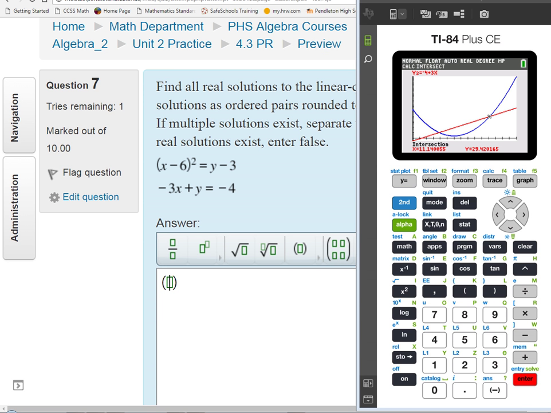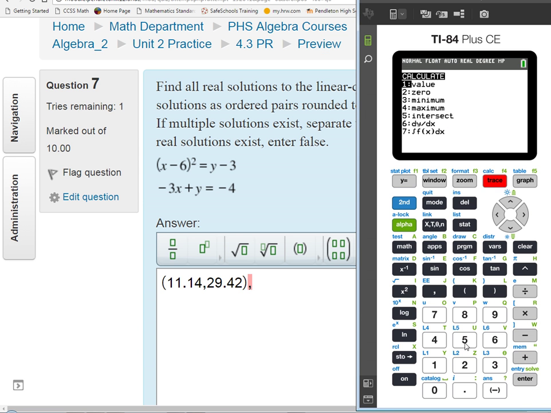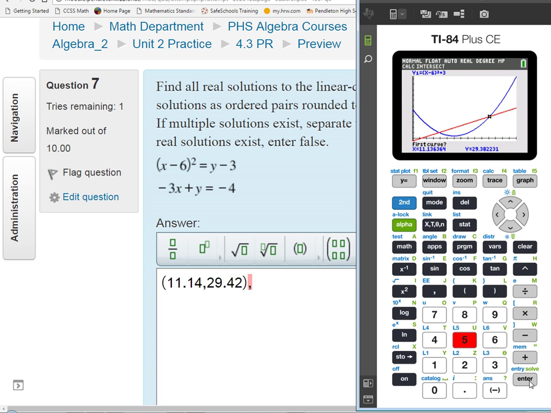Okay, what about the other one? I've got to repeat the intersection process. So second, calc, intersect. First curve, second curve, but then I have to make a new guess. I've got to go down here close to the other intersection.